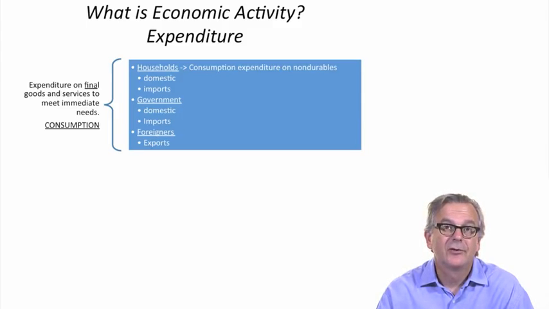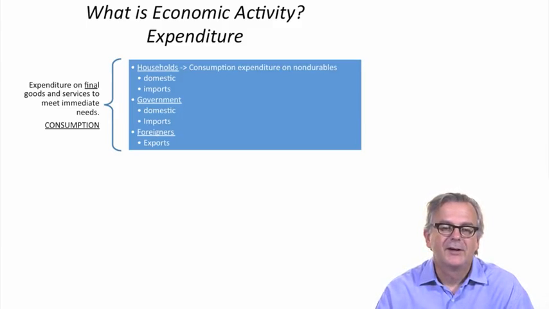These are things like food that are purchased by households to meet an immediate need. It's going to be important for us to keep track of where that consumption expenditure comes from. Is it expenditure on domestically produced goods and services, or is it expenditure on imports?